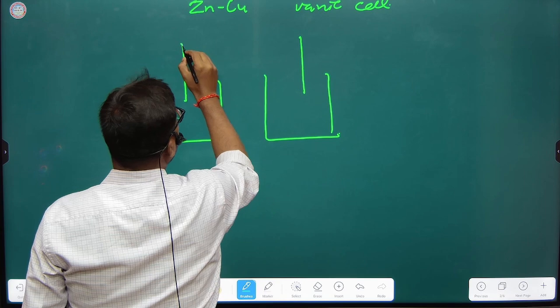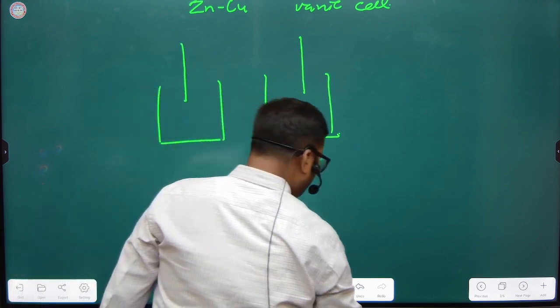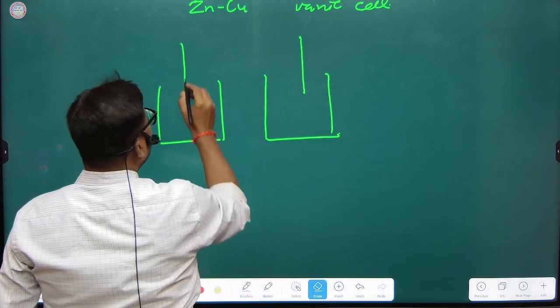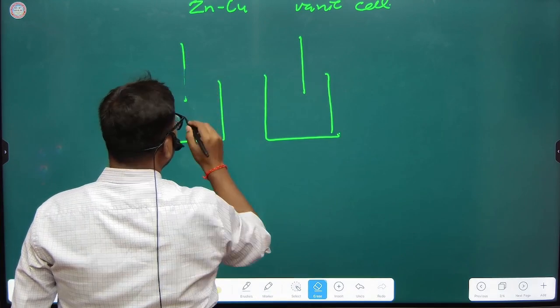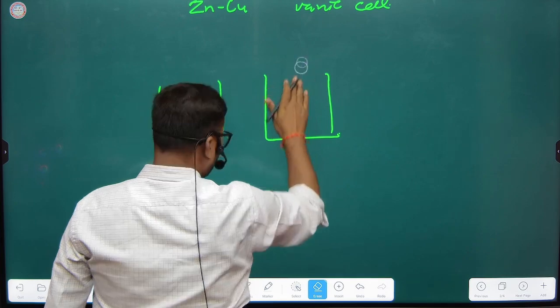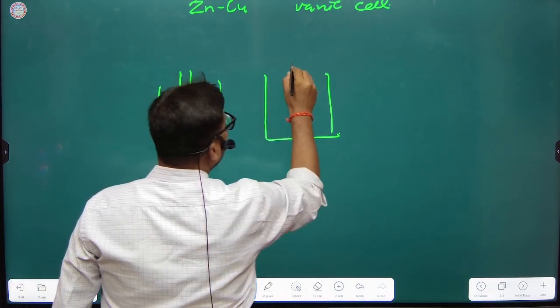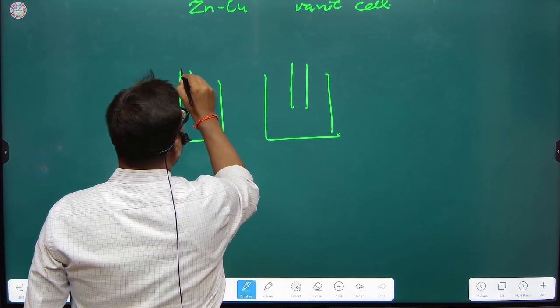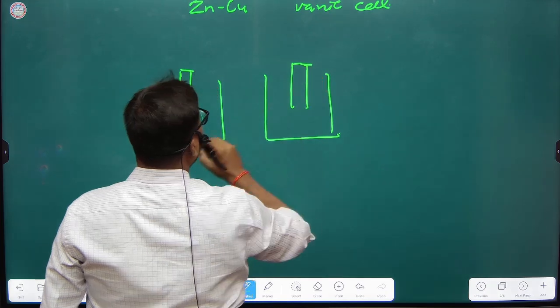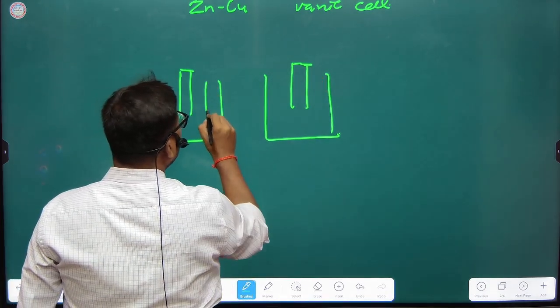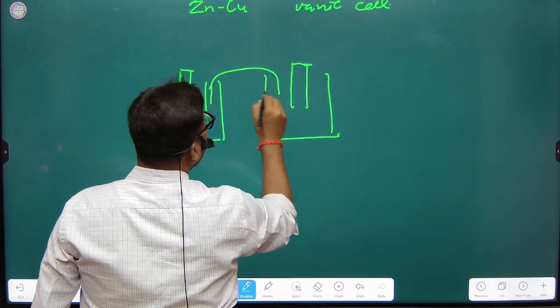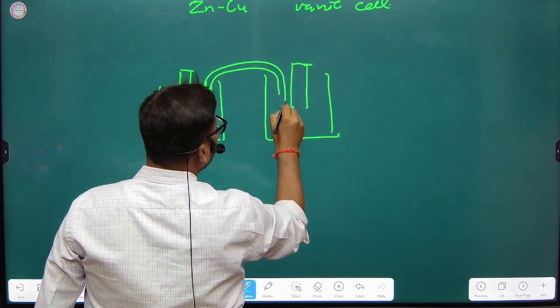So this is your cell diagram. This is your first electrode, this is your second electrode, and this is connected by a salt bridge, right?